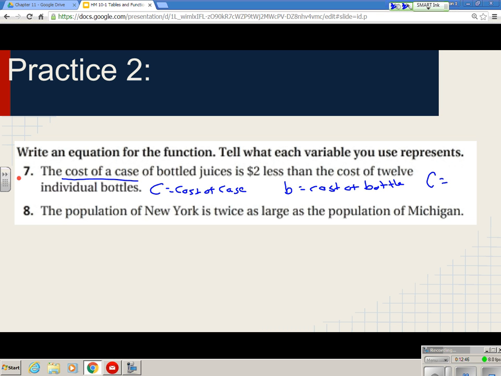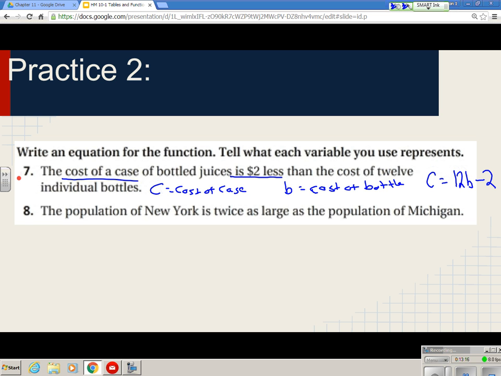And from here then, we have to look at what we have. Well, the one thing I see is we have $2 less than the cost of individual bottles. So remember, we said B is the cost of bottles. So there's 12 bottles, right? So we're going to do 12 times B. And then it says that the case is $2 less, so minus 2.